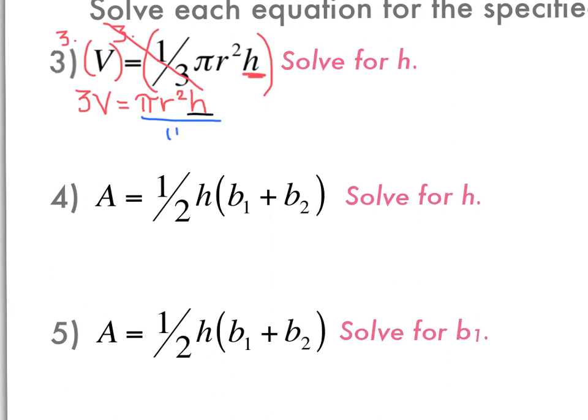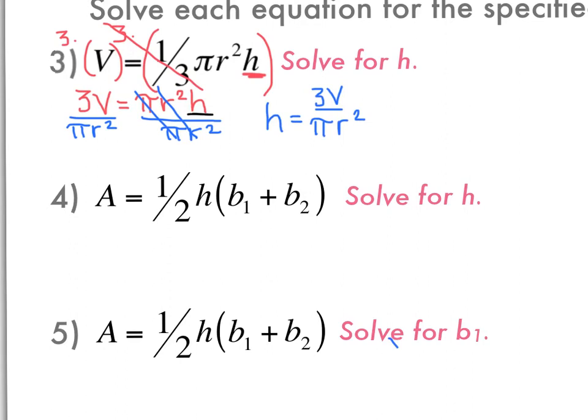So I'm going to divide by pi r squared, divide by pi r squared. This is gone now. And so for my final answer, I would have h equals this. H equals 3v over pi r squared.